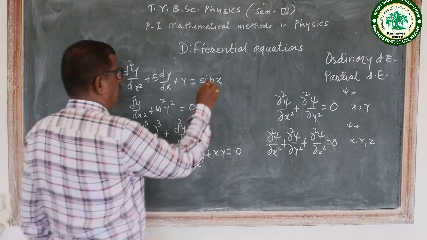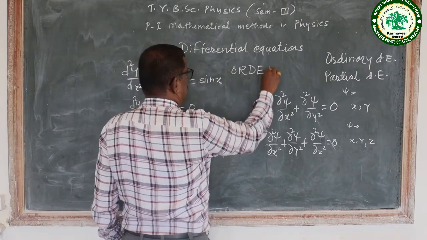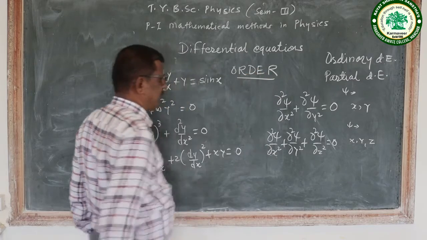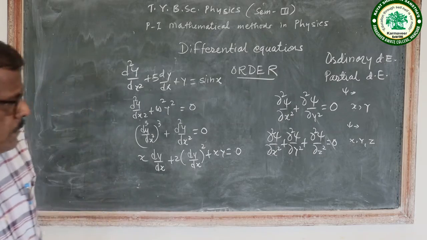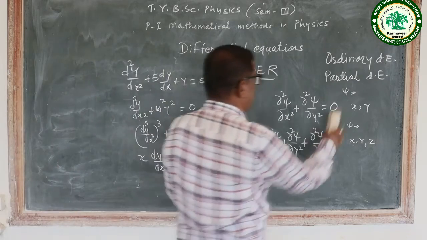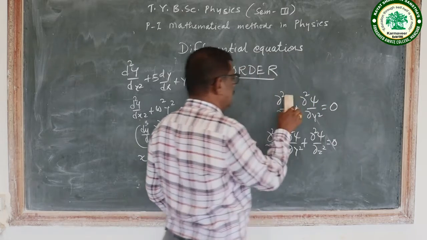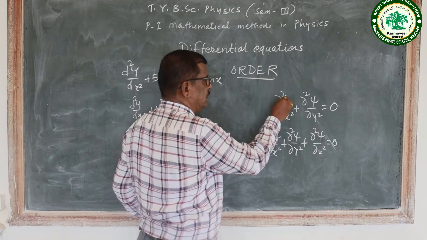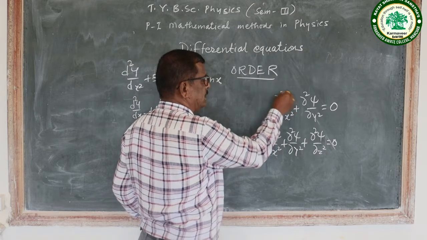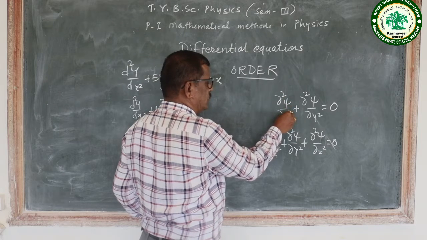See here, we see what is the order of a differential equation. What is the order of this differential equation? For that purpose, let us see the first equation, that is the Laplace equation. In this Laplace equation, what is the order? Here the highest order of differentiation is 2, therefore the order of this differential equation is 2.